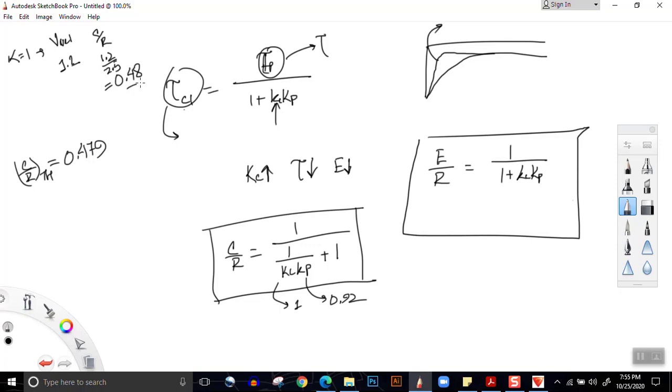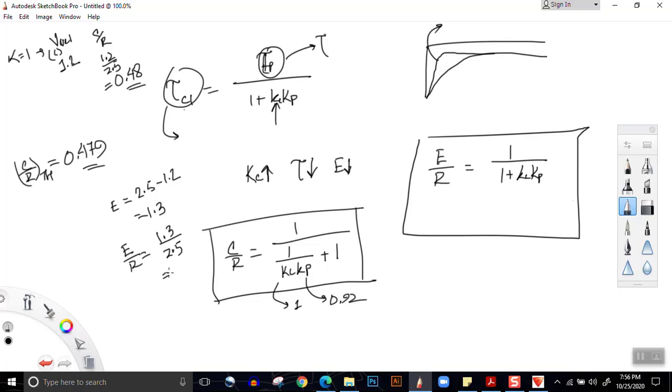So as we can see, the values match. That is, what we are doing is correct. And again, since our output V well is actually our C, since C is equal to 1.2, E is equal to 2.5 minus 1.2, which is 1.3. So E by R is equal to 1.3 by 2.5.